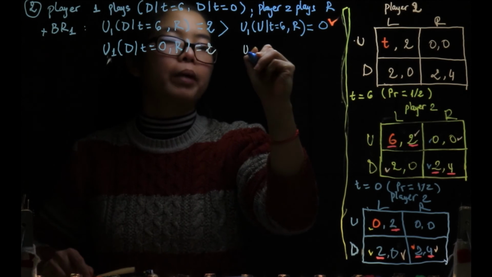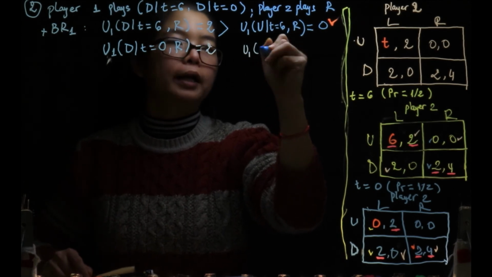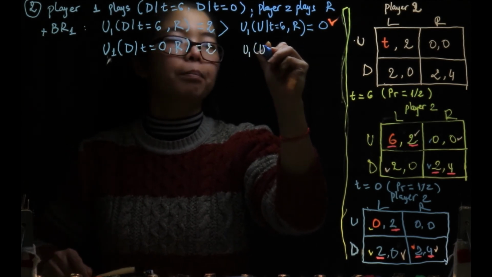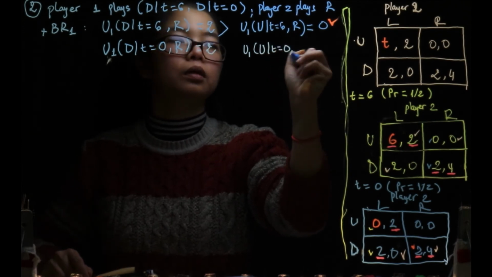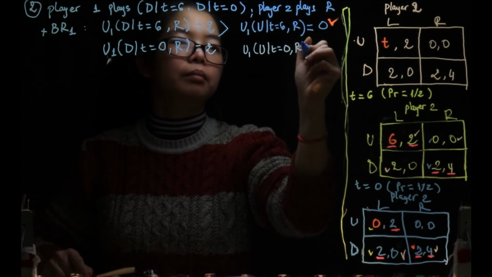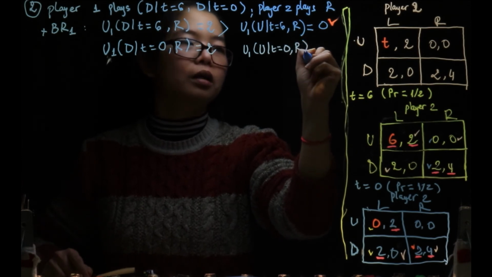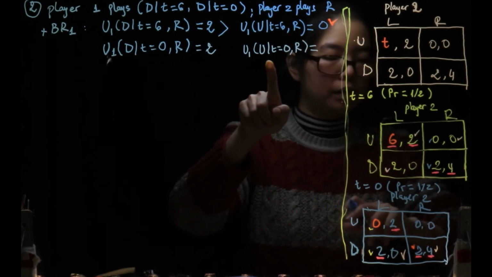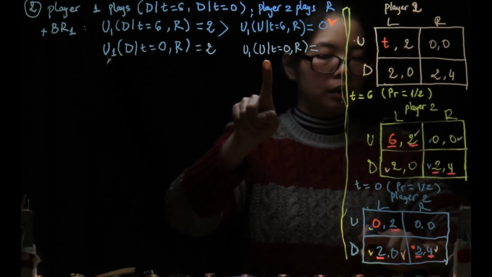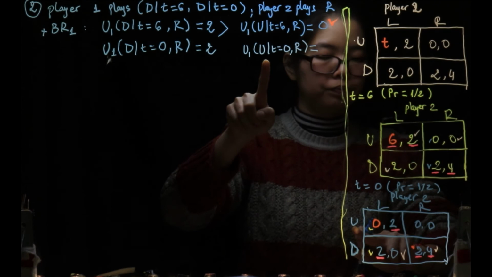Similarly, his payoff pair when he plays up, for type 20, is 0, against the same strategy of the other player, up, up, up in the first row.